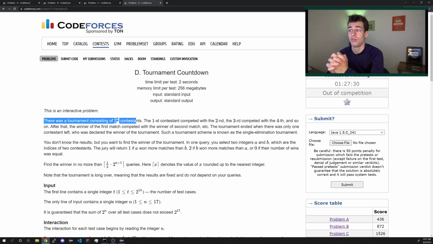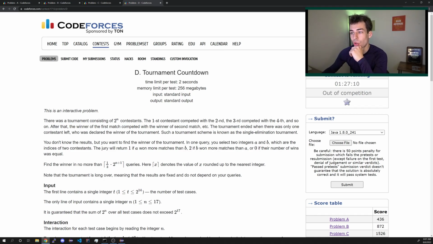You don't know the results, but you want to find the winner of the tournament. In one query, you can select 2 integers A and B, indices of 2 contestants. The jury will return 1 if A won more matches than B, 2 if B won more matches than A, or 0 if their number of wins were equal.